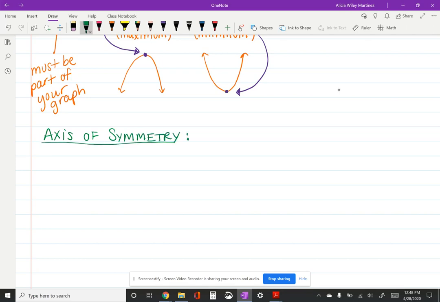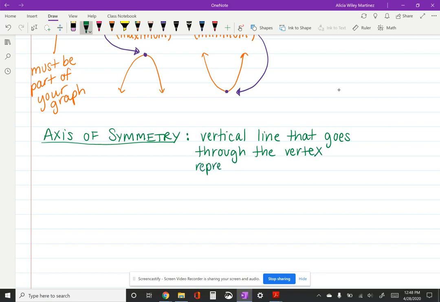So the axis of symmetry is a vertical line that goes through the vertex. And often on a graph, it's represented using a dashed line.